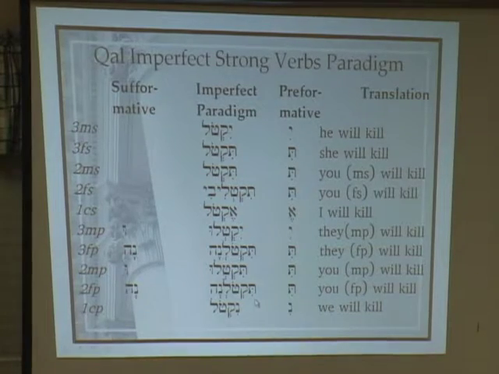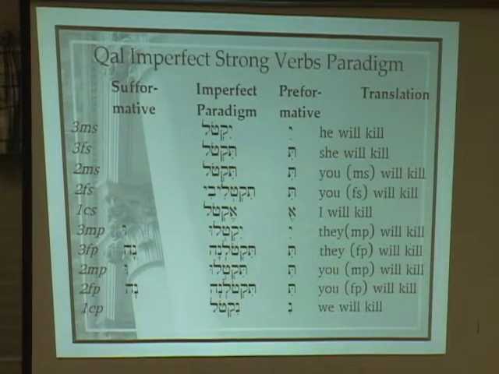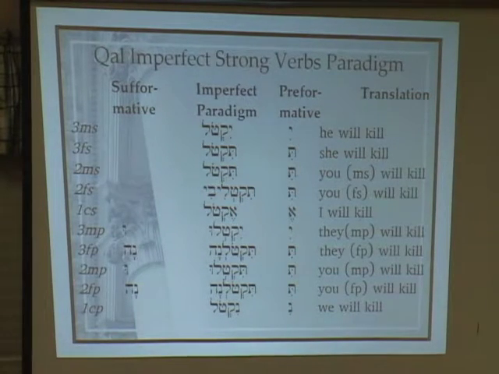And then another one, notice third feminine plural and second feminine plural. It's identical form. Tiktona, identical. So context would tell us whether it's a they or a you. It's pretty straightforward. You can still see the clear trilateral root.